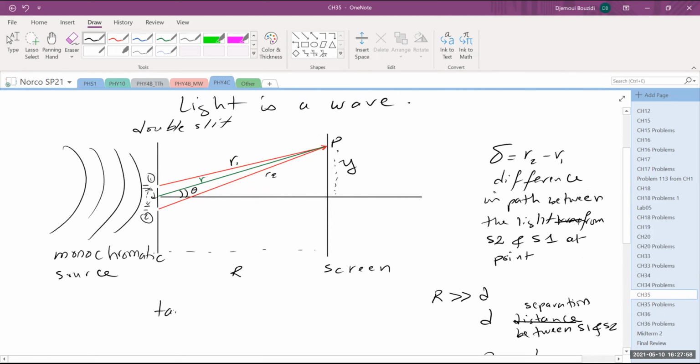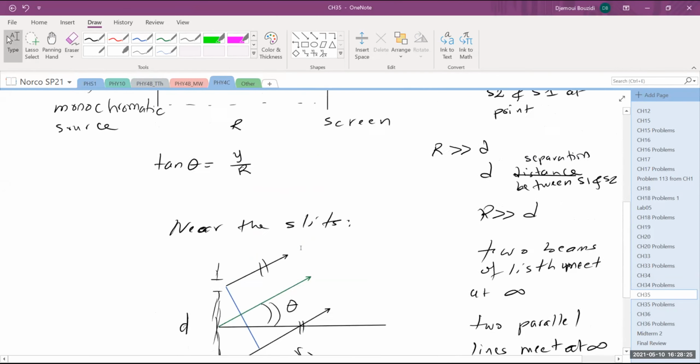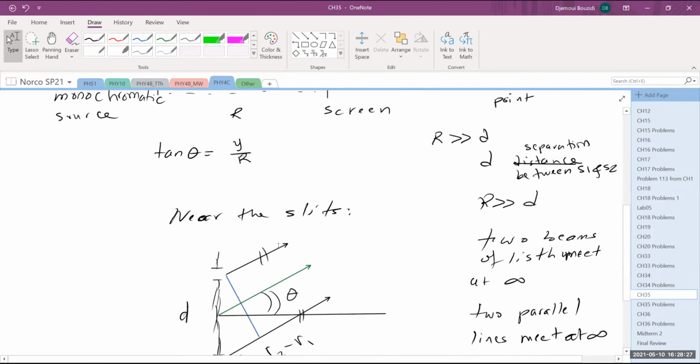So tangent of theta from the geometry is y over r. Granted that r is very big compared to d, but y has to be small enough in order for this whole thing to work. Okay, so this is the tangent. It's the opposite over the adjacent in this right angle triangle. So it's all a matter of geometry at this point. So this is the same angle theta that is equal to that arc tangent.